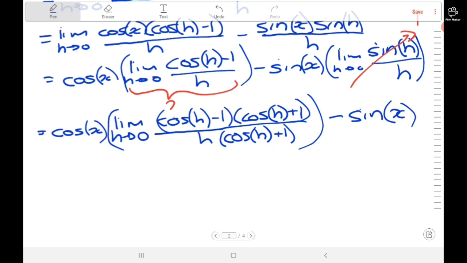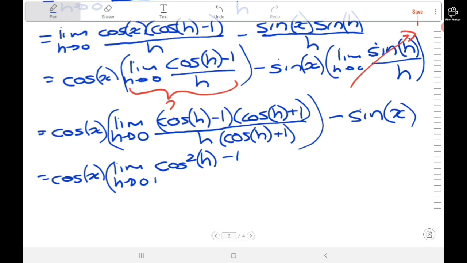Okay, so once we do that, we can expand the numerator. Cosine minus 1 times cosine plus 1 will give us cosine squared of h minus 1.